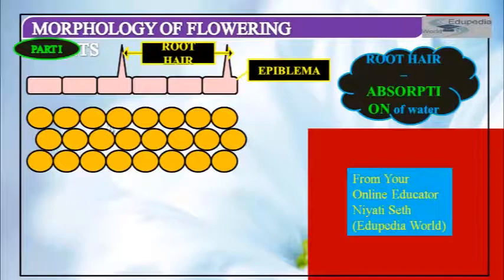Can you see intercellular space in the epiblemma? No. There's no intercellular space between the parenchyma cells of the epiblemma. But in cortex, these cells are very loosely adhered to each other. That's the reason intercellular space is very pronounced.